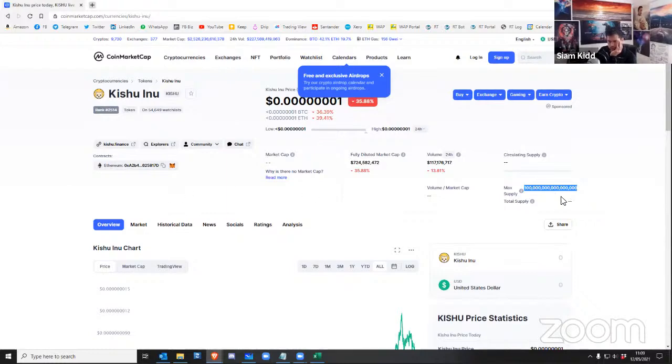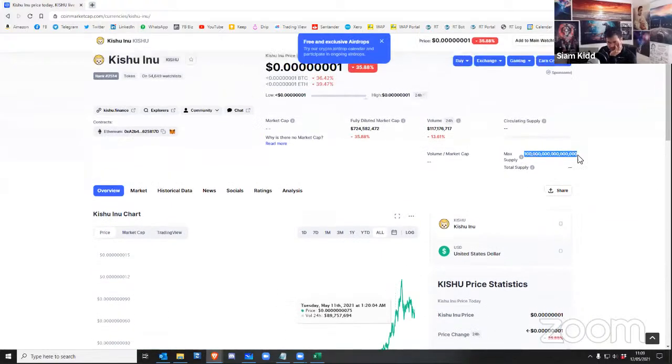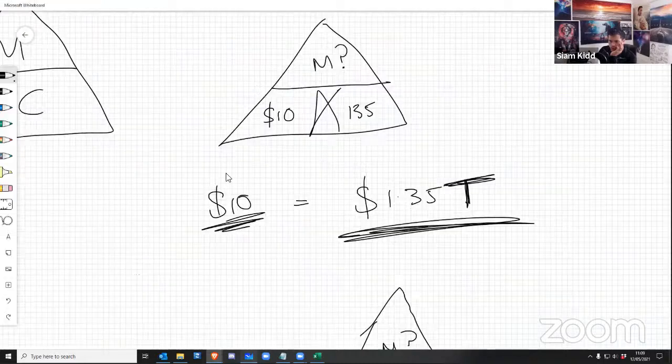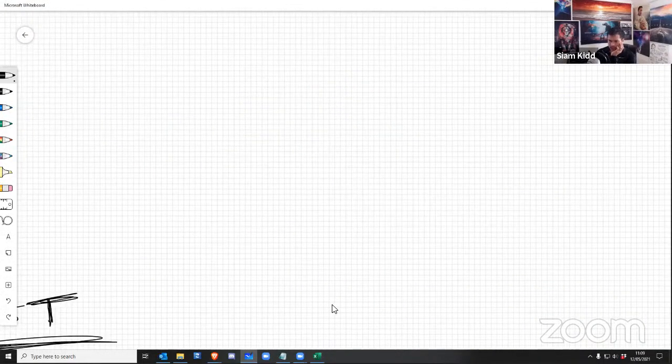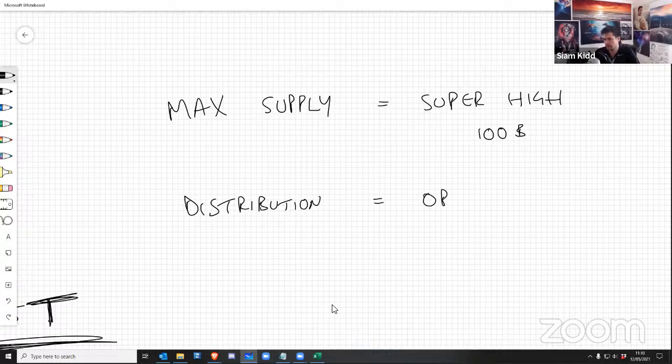And also, I always look at the distribution curve, as in, how many coins are being minted or mined every single day, every single year, etc. So the quick heads up is, and this rule of thumb will help you 90% of the time: if the max supply is super high, and I'm talking like 100 billion coins or something like that, and distribution is open-ended, I tend to walk away.